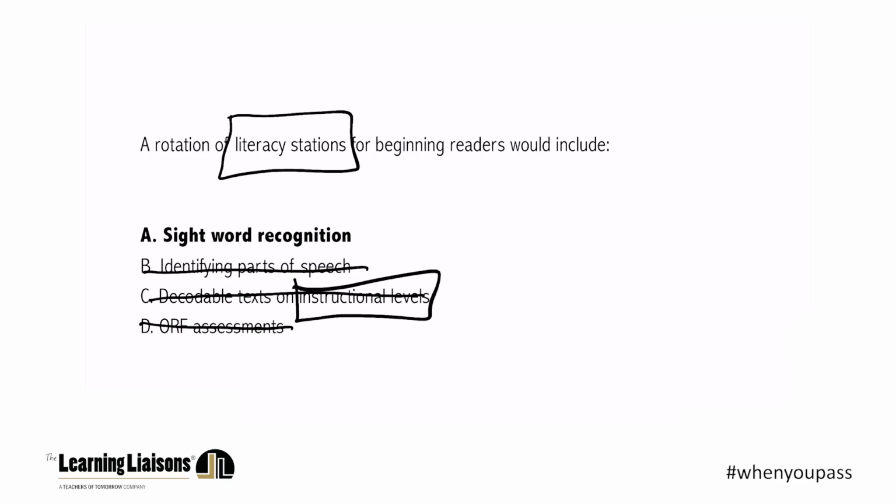Additionally, in a station, we would not have them working on anything at an instructional level because that would be with a teacher. If they were able to read something decodable in a center, it would be an independent level, not an instructional level. So sight word recognition would be perfect for a literacy station for a very beginning reader.